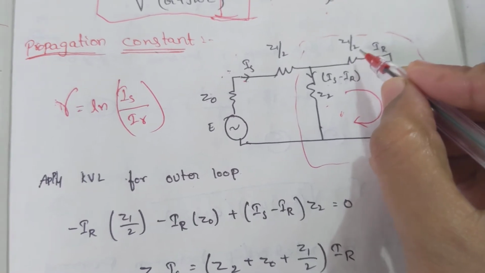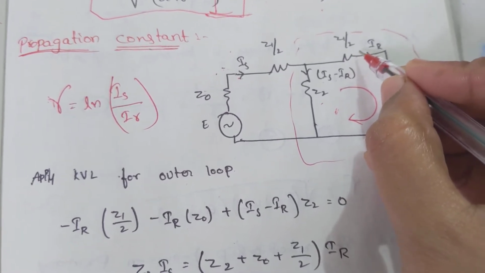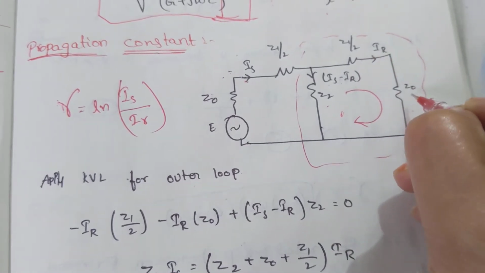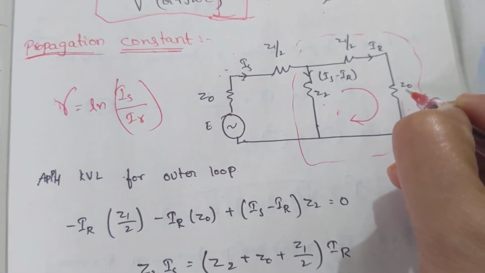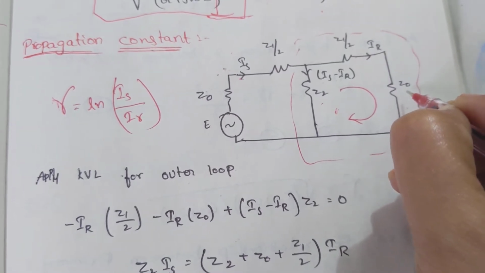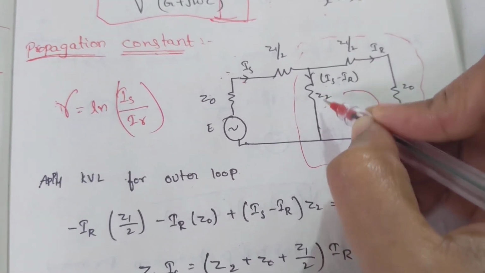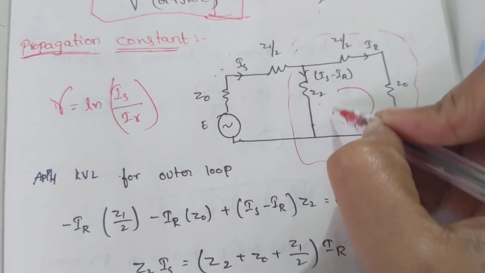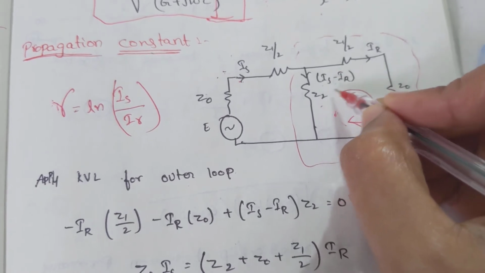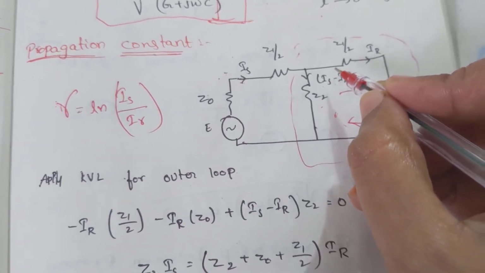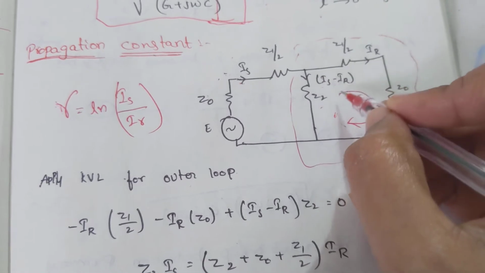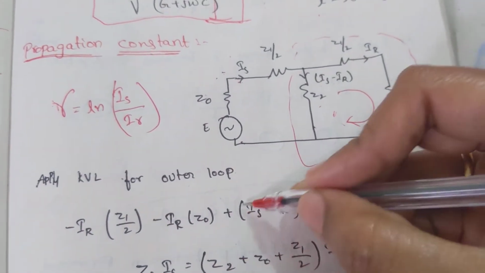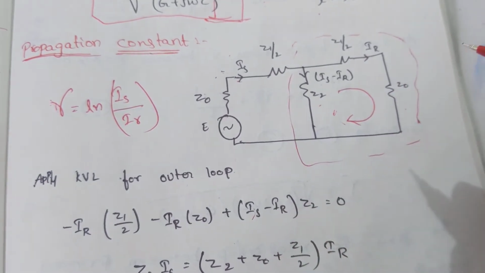Minus for the drop: minus Ir into Z1 by 2, minus Ir into Z0. And for the current direction, the assumed direction of Is minus Ir is opposite, so negative of negative becomes positive: plus Is minus Ir into Z2.